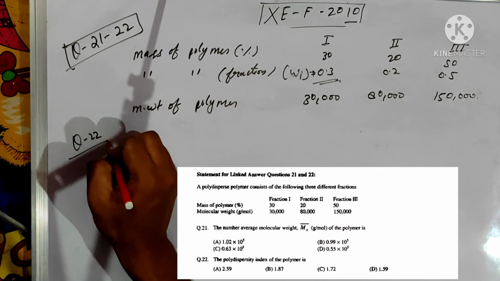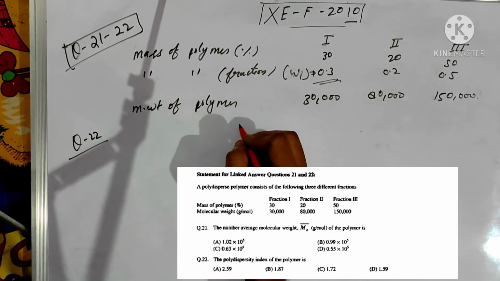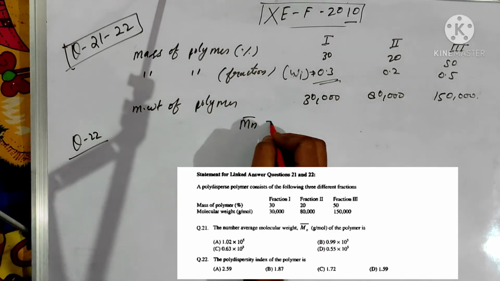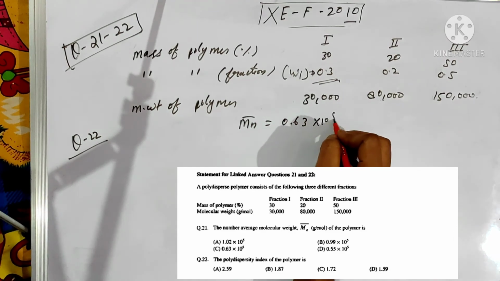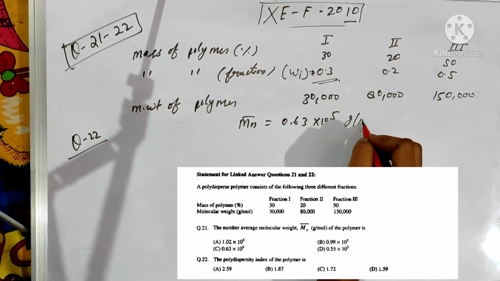Question number 22. In question number 21, you calculated the number average molecular weight of the polymer as 0.63 into 10 power 5 gram per mole.